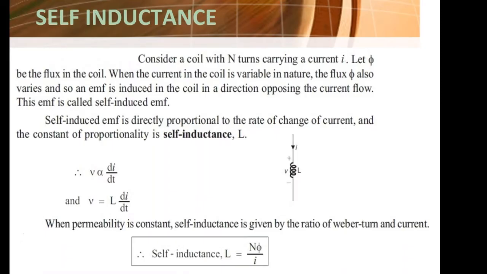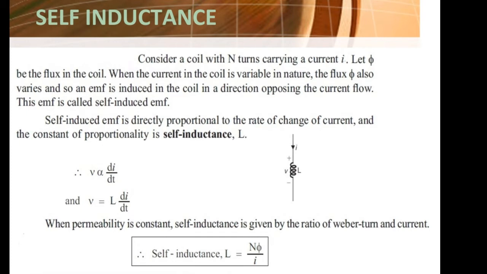Now, let us see about self-inductance. Consider a coil with N turns carrying a current I. Let phi be the flux in the coil. When the current in the coil is variable, the flux also varies and an EMF is induced in the coil, which opposes the change.